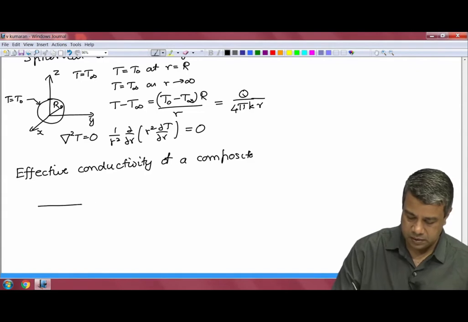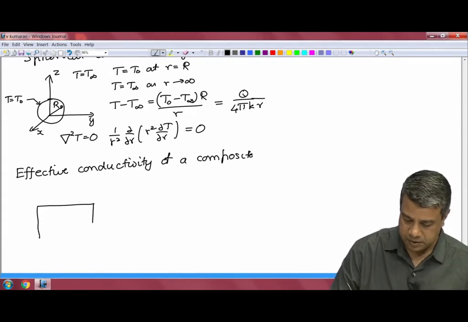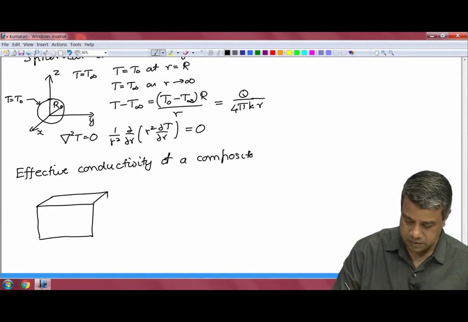You have a composite material which consists of a matrix in which there are inclusions, spherical inclusions.